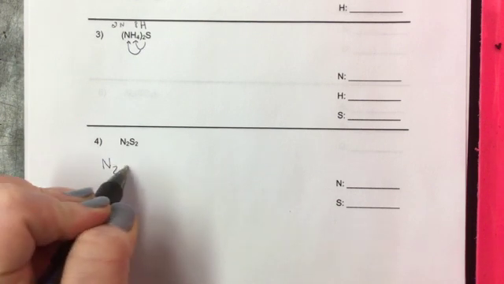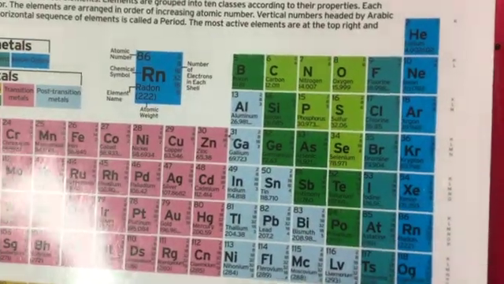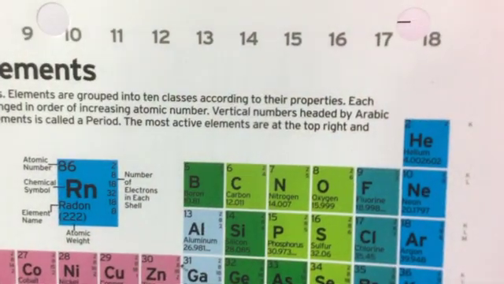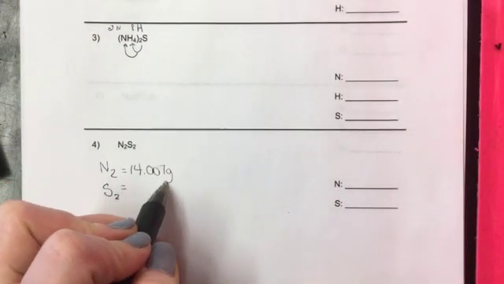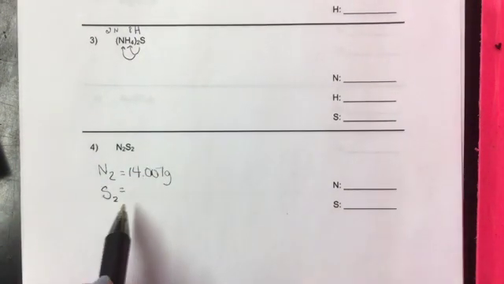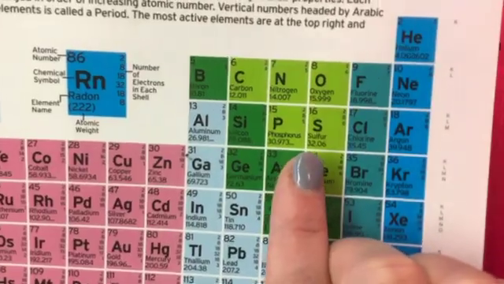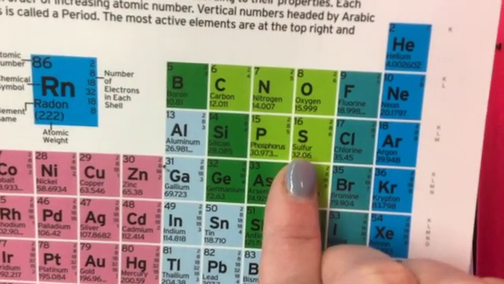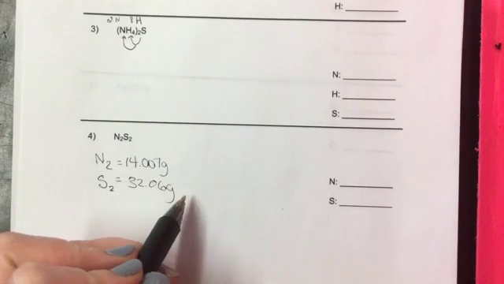All right. So again, I'm going to use my periodic table. I'm going to look up nitrogen, which is 14.007 grams. And then sulfur, same deal, it's actually very close to nitrogen, 32.06, so 32.06 grams, right?